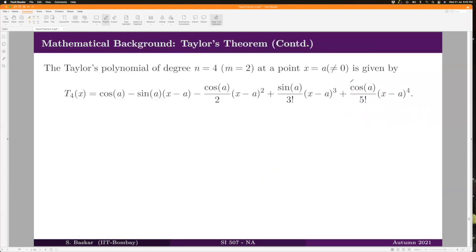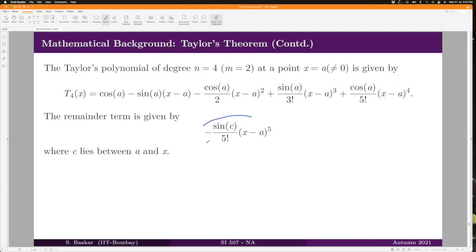However, if we take a not equal to 0, where sine is not vanishing, then the fourth degree Taylor polynomial for cos x is given like this. Since sine is not vanishing at a, we have to have our remainder term like this only. In the last case, we had the higher order term as remainder because sine was vanishing at a. If that doesn't happen, then you have to take the immediate next term as the remainder term. So this you have to keep in mind.